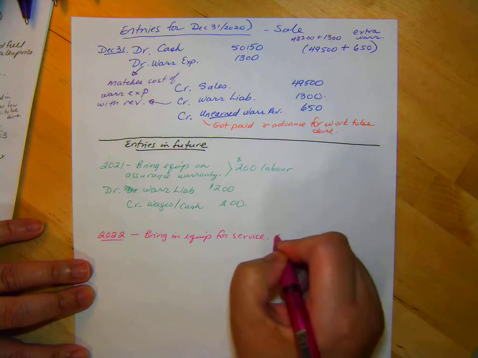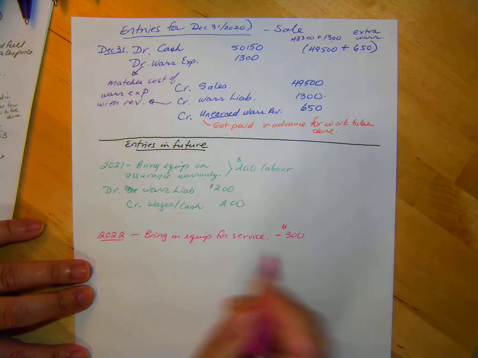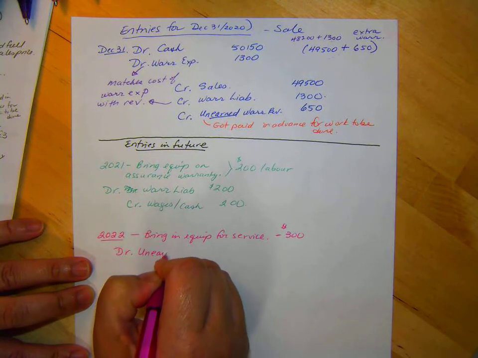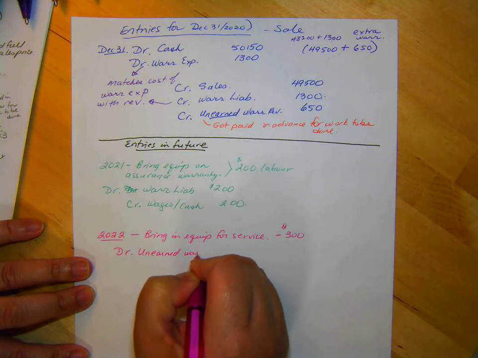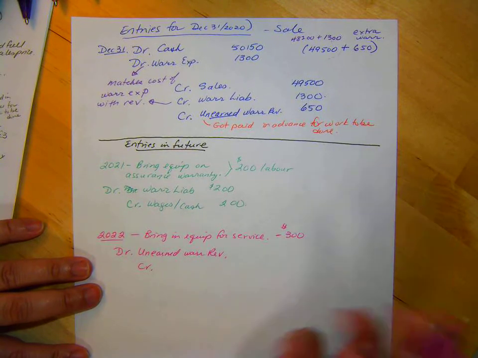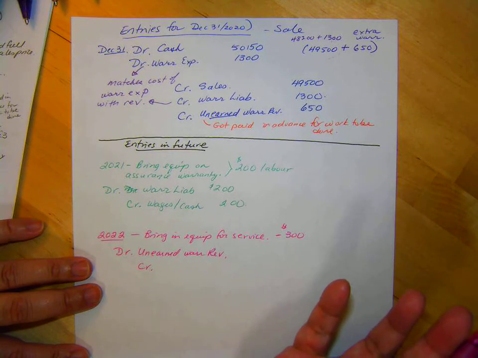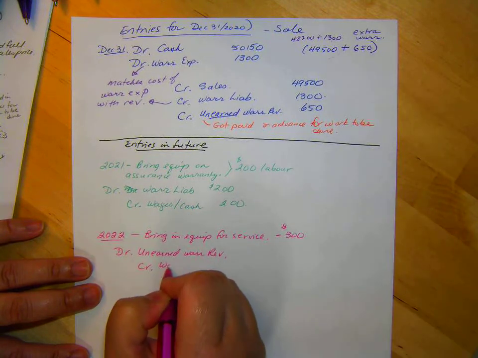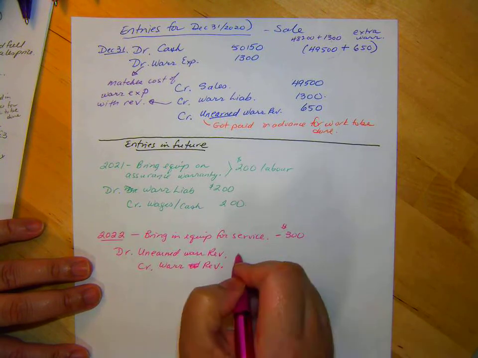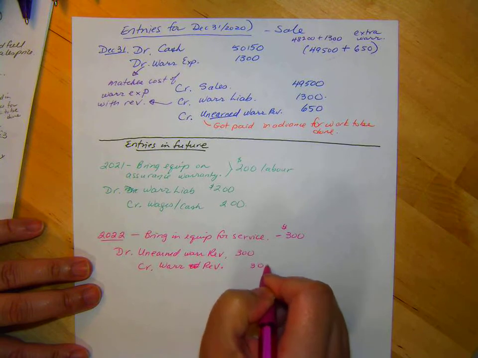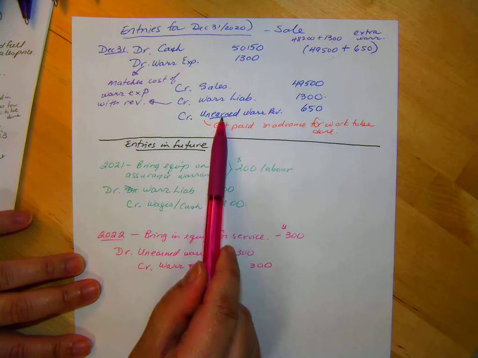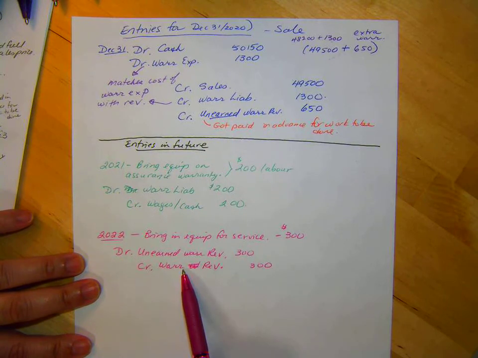Let's say it's for $300 worth of stuff. So, we debit the unearned revenue. And we credit, what? Have we just earned some money? Earned some sales? Yeah. So warranty revenue for $300. So that shows that we took some of this unearned and now we've earned it and turned it into revenue.